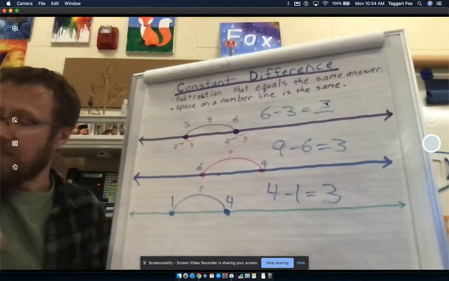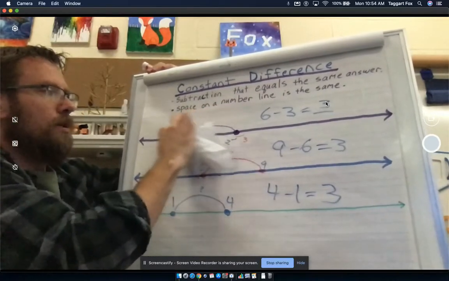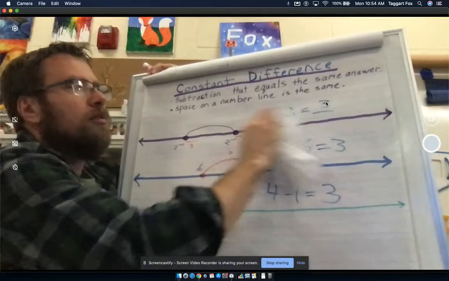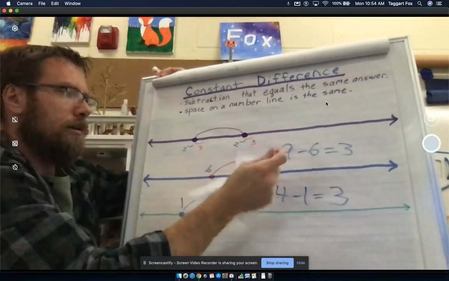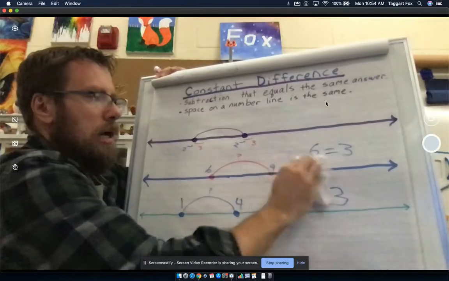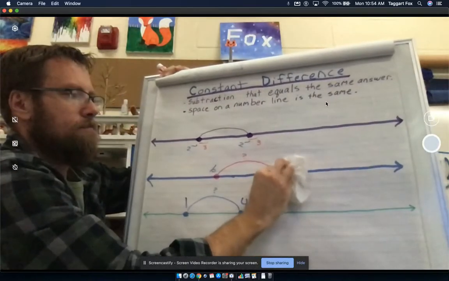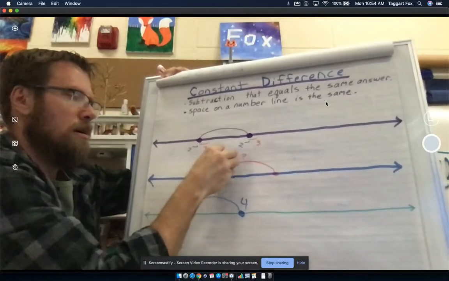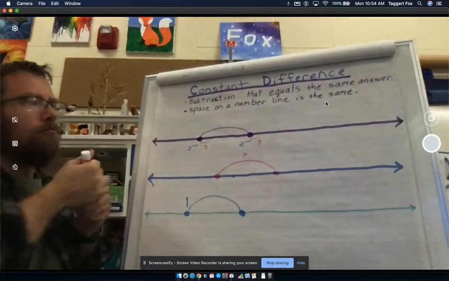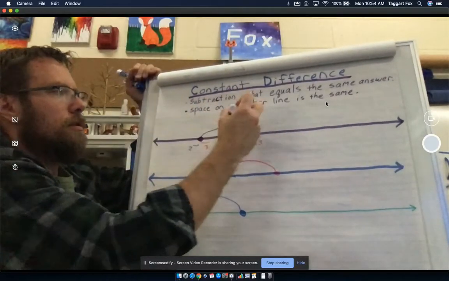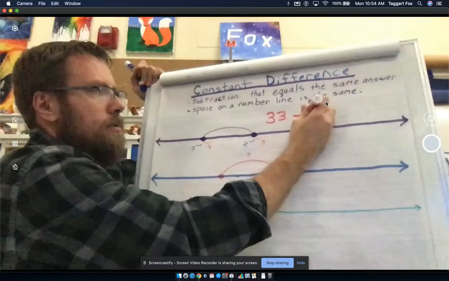So how can that be helpful to us? Well, it can be helpful to us when we have, say, bigger numbers. Let's look at that idea. Let's say our original math problem was 33 minus 17.